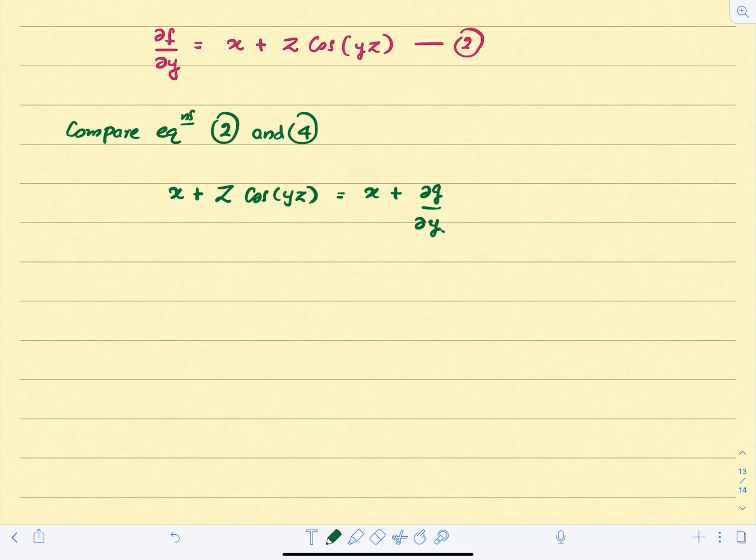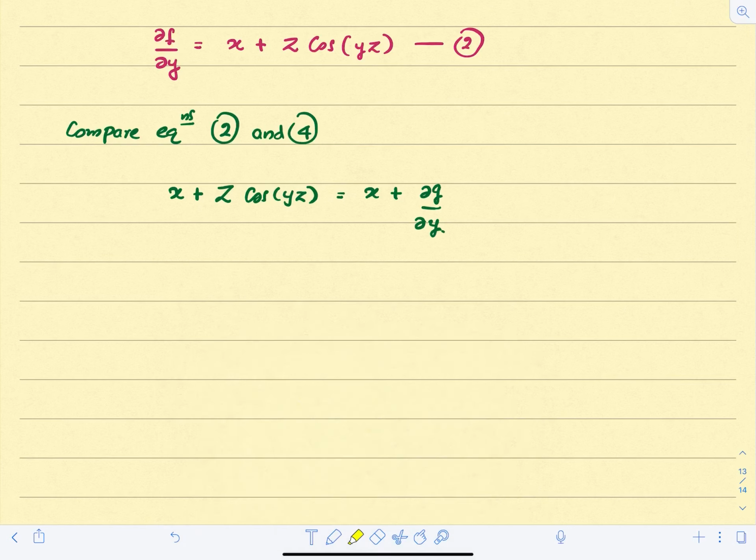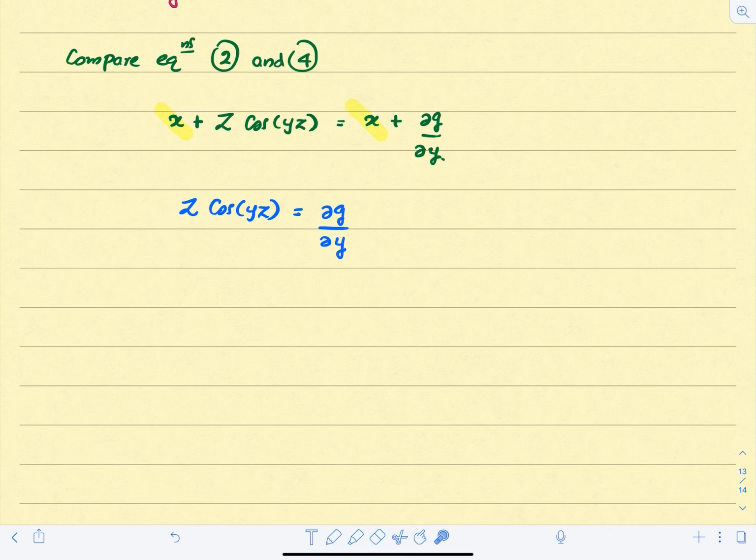Now if you simplify this equation, you can cancel this x. Now you have partial g over partial y equals z times cosine of yz. So our next target is to figure out what this g should be. I will write partial g over partial y on the left hand side.